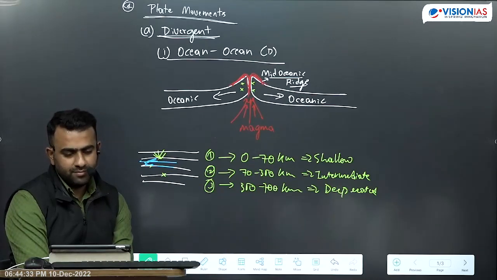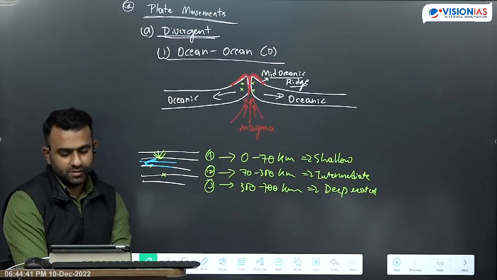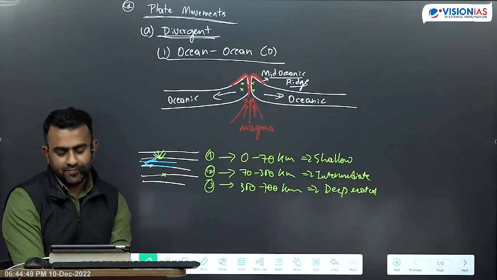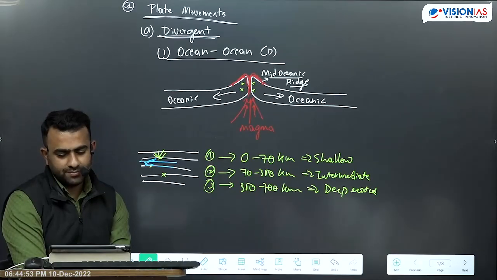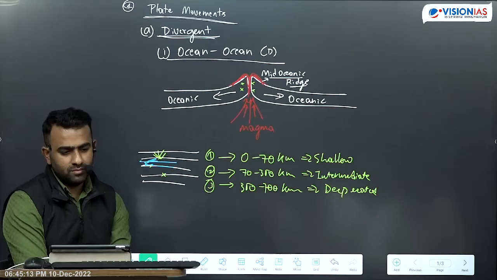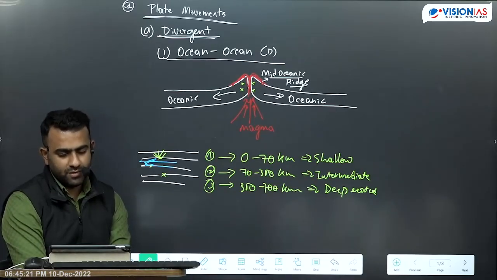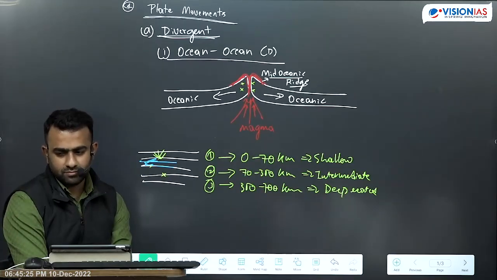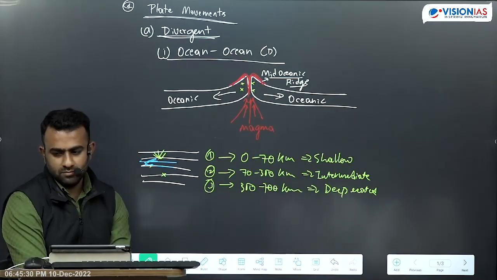It is a zone of tension where lithosphere splits, comma, hot magma comes up through the cracks and solidifies, leading to formation of new oceanic crust.